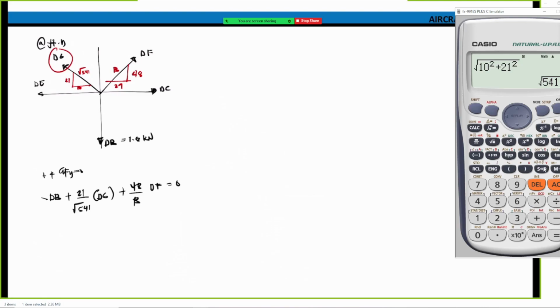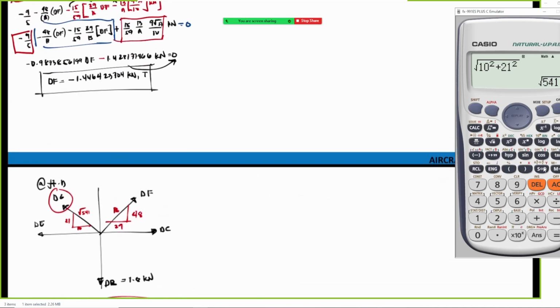Transpose, yung DG natin, and then this your DF, and will result to DG is equal to square root of 541 over 21 times 1.8 kilonewton, and then negative 48 over square root of B, the value of DF.